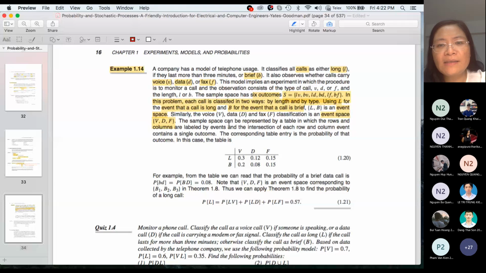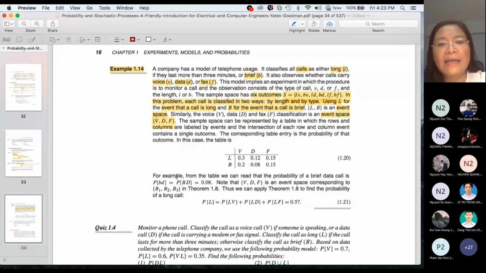The sample space can be represented by a table in which the rows and columns are labeled by the events, and the intersection of each row and column event contains a single outcome. The corresponding table entry is the probability of that outcome. In this case, the table has voice, D is data, F is fax, long, and brief. We have this data, here is the probability of each outcome.